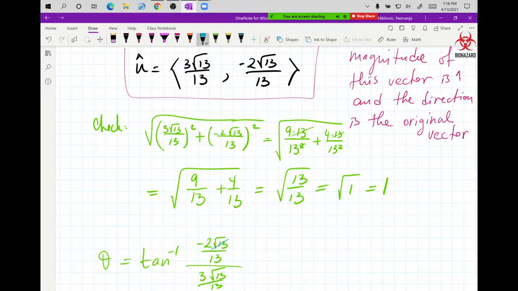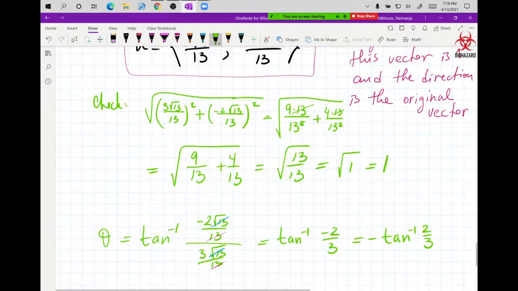Well, the root 13 cancels root 13, and 13 cancels 13. So it is tangent inverse of negative 2/3, which is negative tangent inverse of 2/3.